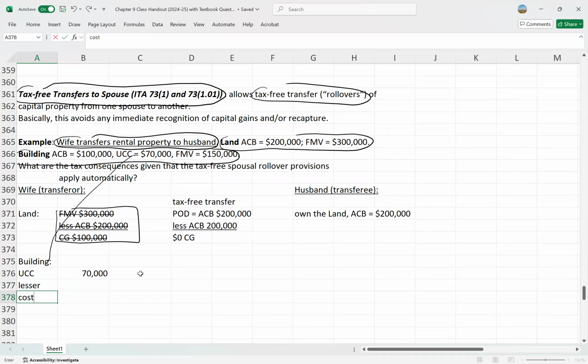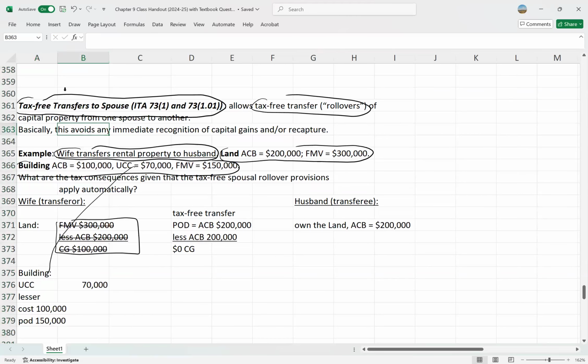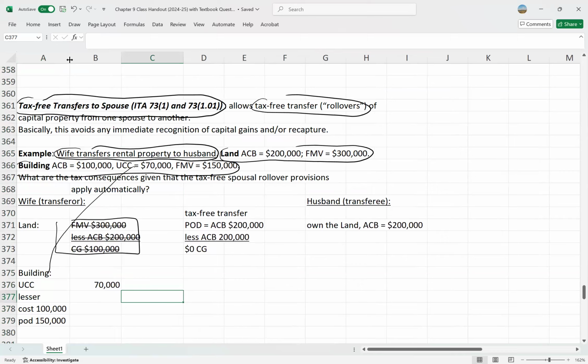The cost of the building is 100,000 from up above, and the proceeds, fair market value, is 150,000. So if we were to follow the rules, the lesser of the two would be the cost, so we would deduct 100,000.